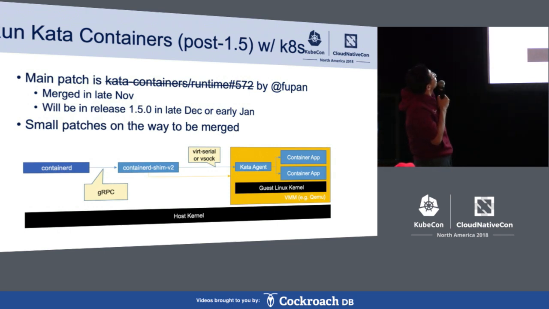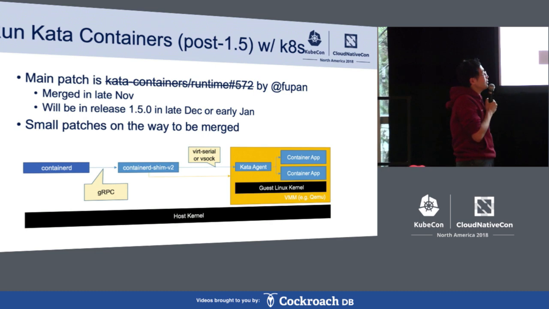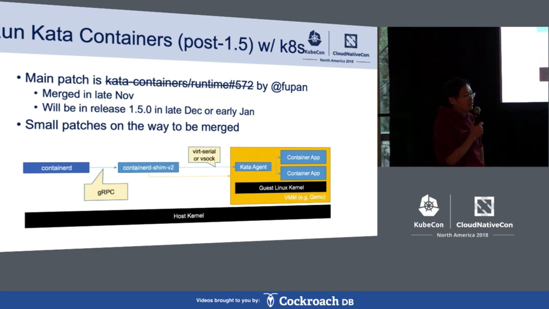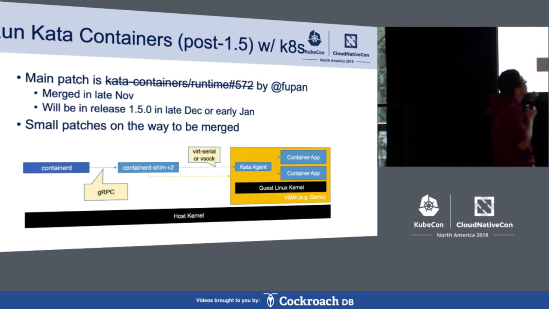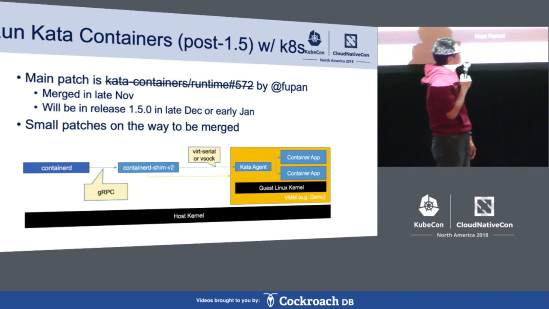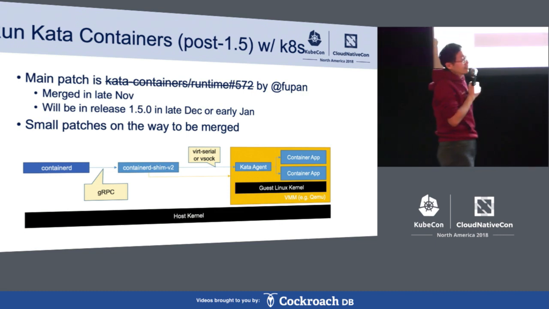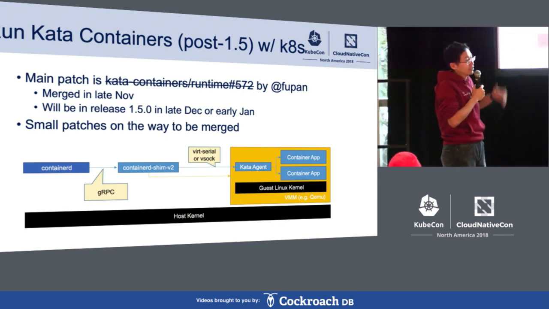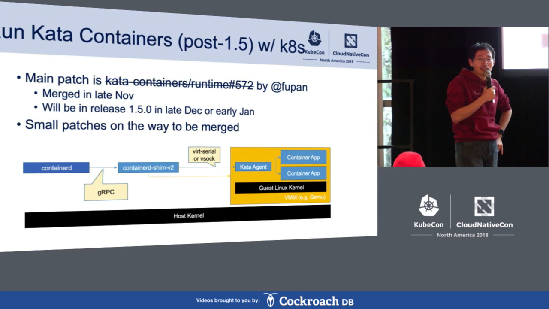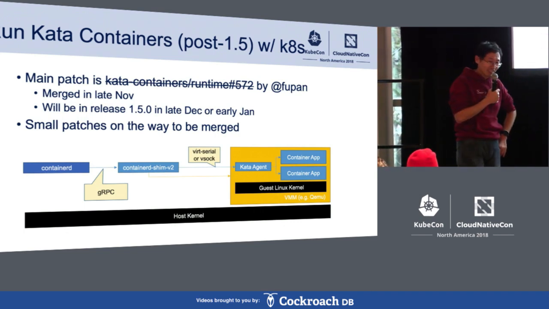Okay. Here is the case of Kata Containers. From 1.5.0 we will have the Kata shim v2, and this patch, implemented by my colleague Fu Pan, has already been merged in 572. The implementation was submitted in July and finally merged in November, almost half a year.